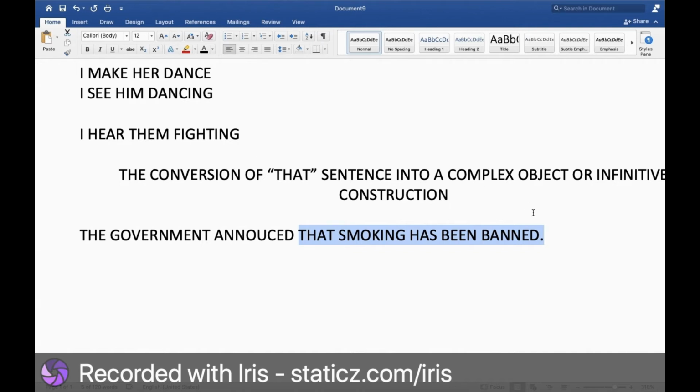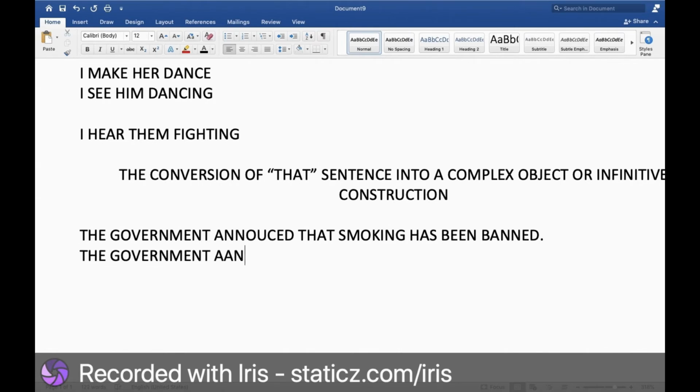How can we do that? If the subjects of both sentences are the same, it's going to be an infinitive construction when you convert it. If the subjects of both sentences are different, it's going to be a complex object. Let's see how.